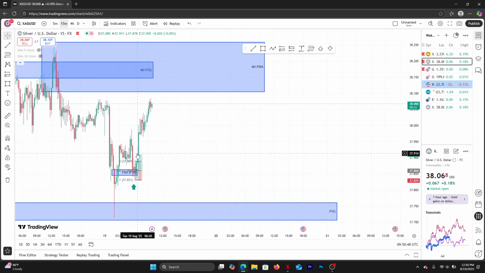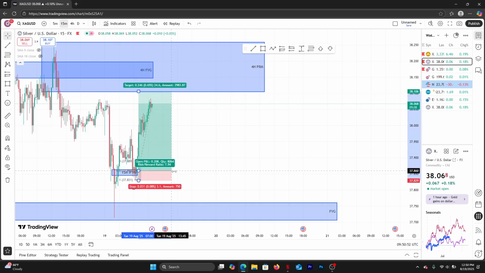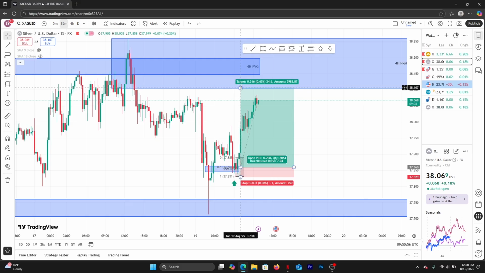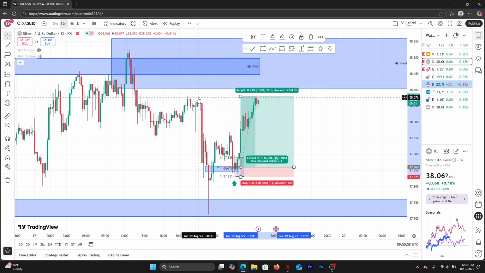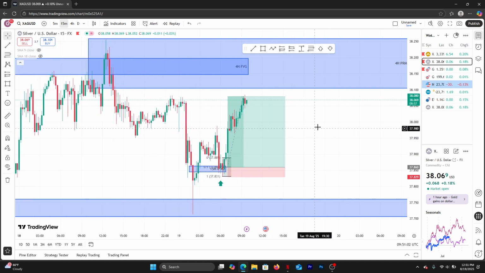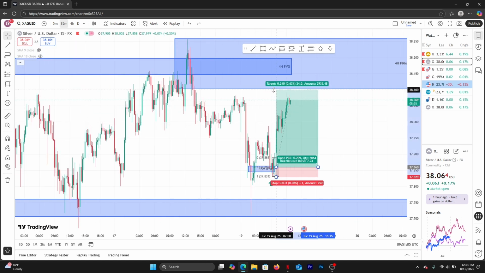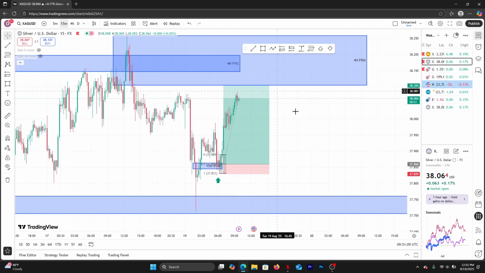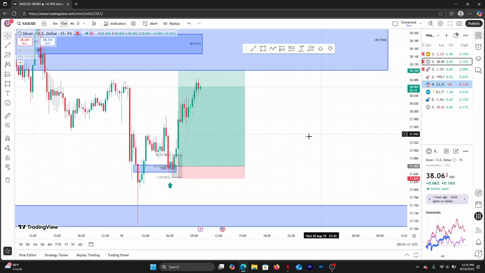So that is a target. However, my initial target was this swing high right here, this relative equal highs, and that gave us 7.1.